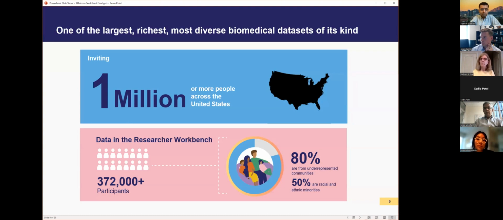We're looking at one of the largest, richest, most diverse biomedical data sets of its kind in the present era. We have tipped over 500,000 enrollees.